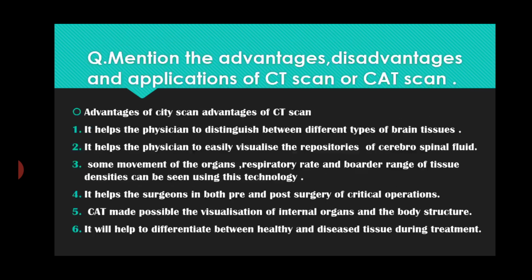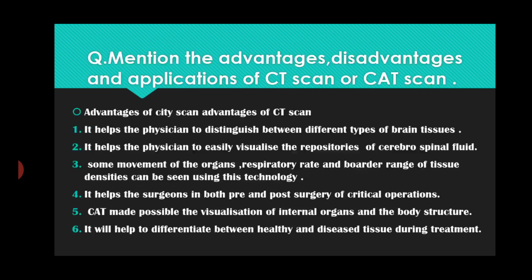Now we will see the advantages, disadvantages and applications of a CT scan. Advantages. It helps the physician to better distinguish different types of brain tissues. It helps the physician to easily visualize the repositories of cerebrospinal fluid.